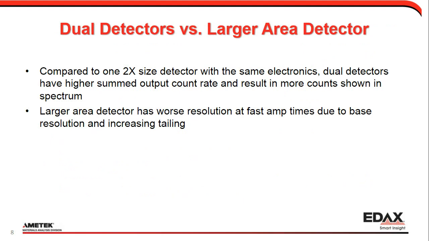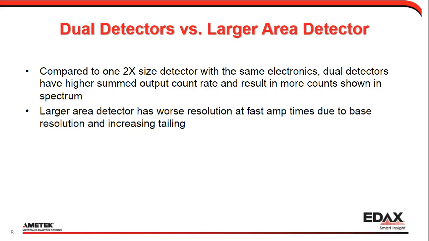The comparison between dual detectors and a larger area detector. Sometimes people may wonder if I should get a dual detector system or a single detector with larger chip size.